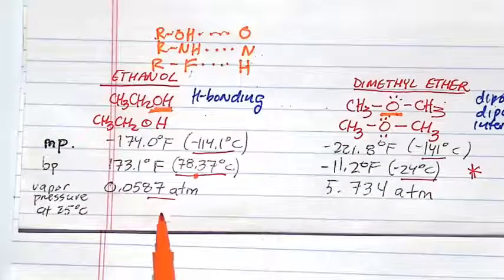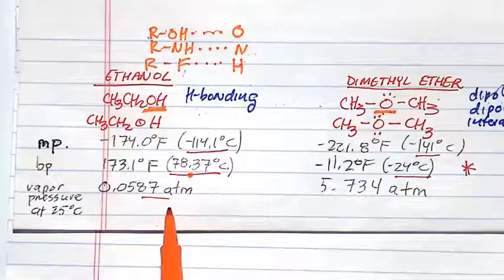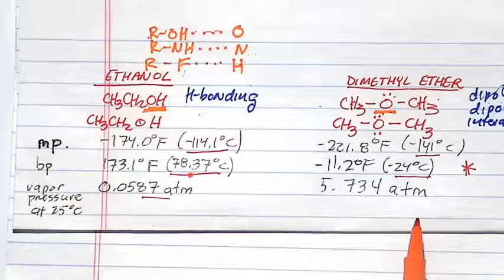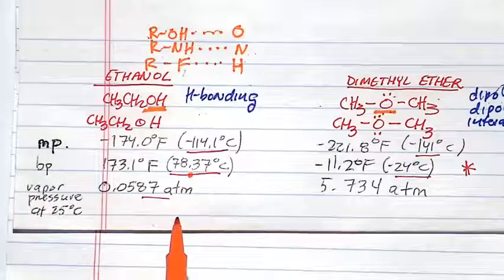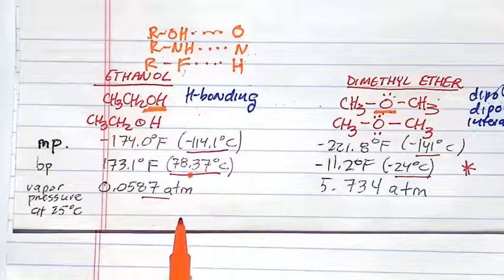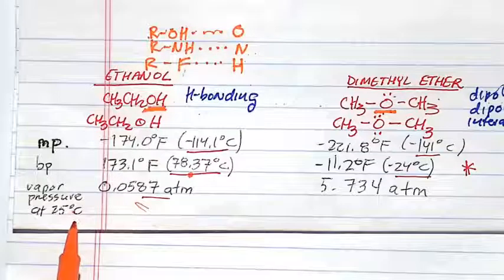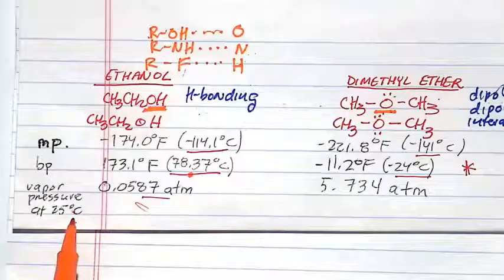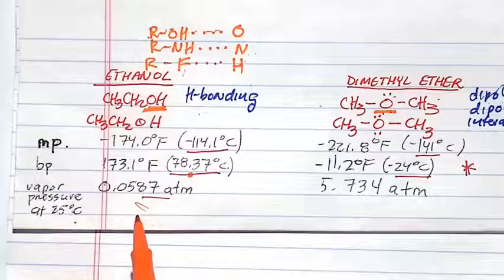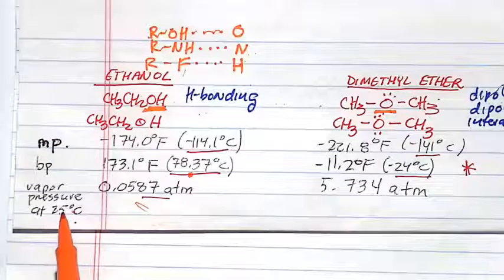Vapor pressure is very low for ethanol, and the vapor pressure is very high for dimethyl ether. That has to do with the definition of vapor pressure. You see, ethanol really doesn't want to form a vapor. And this is at room temperature, because vapor pressure changes as a function of temperature. It increases as you increase the temperature.